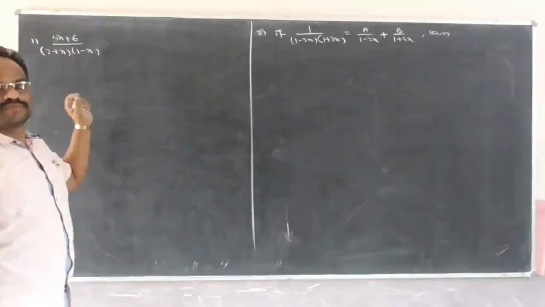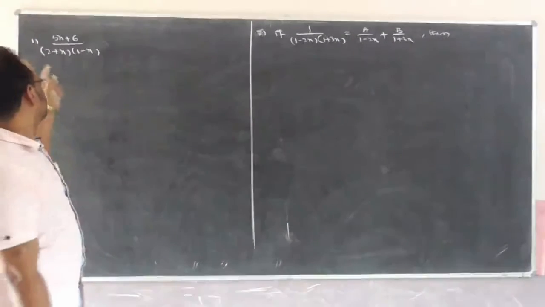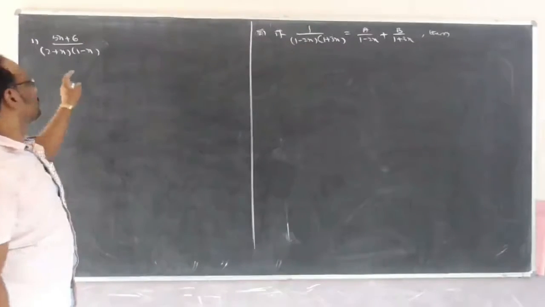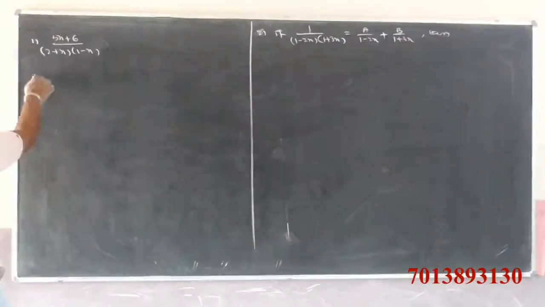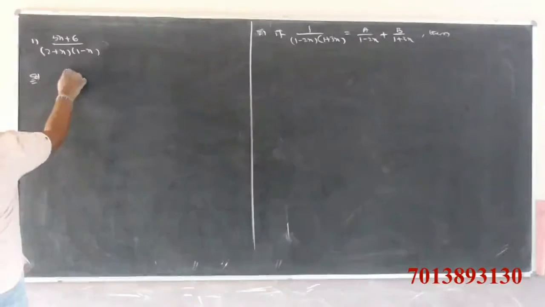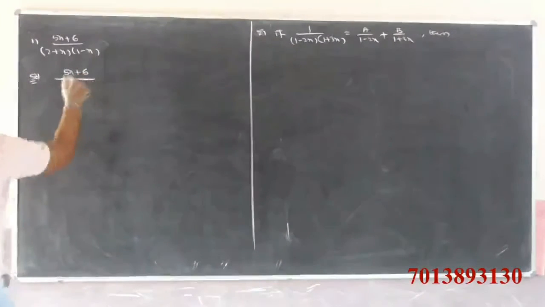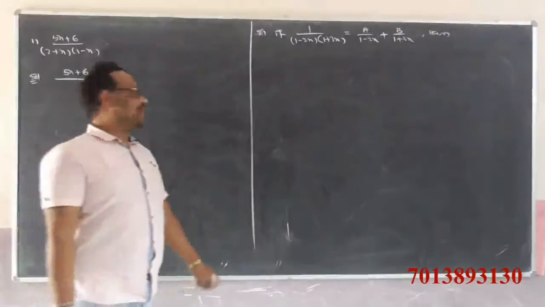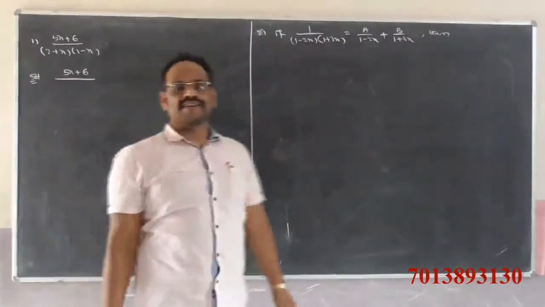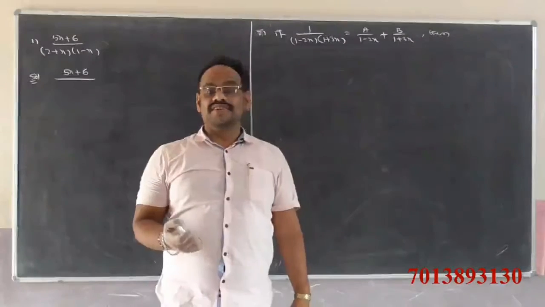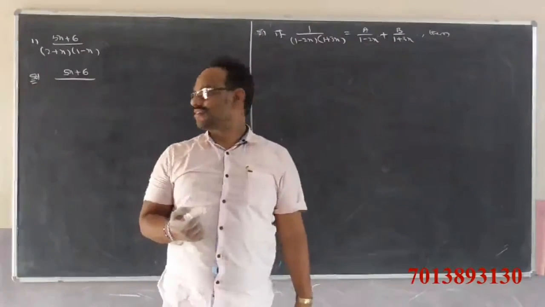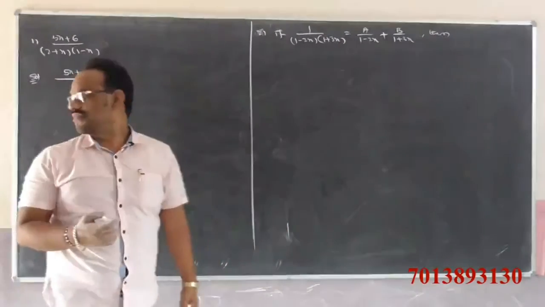Next, resolve it into partial fractions: 5x plus 6 over 2 plus x into 1 minus x. Solution: clearly, 2 plus x and 1 minus x are non-reducible linear factors.